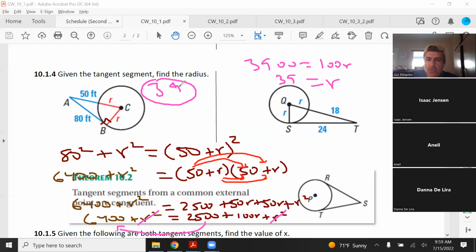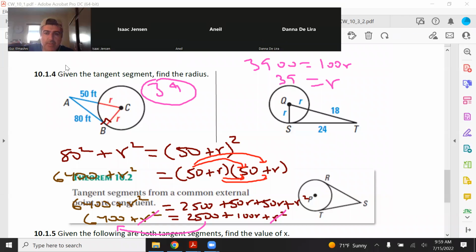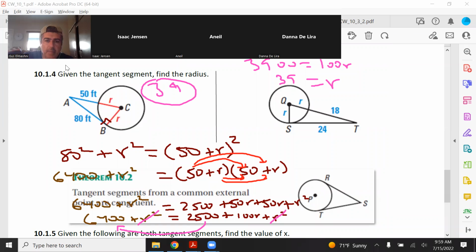And you get that. So I'm going to have you guys try the second one on your own, see how it goes. You can do the exact same thing. I'll even do the setup for you and then have you guys try solving it, and someone can please share with me the answer. So you have r squared plus 24 squared equals (r plus 18) squared.